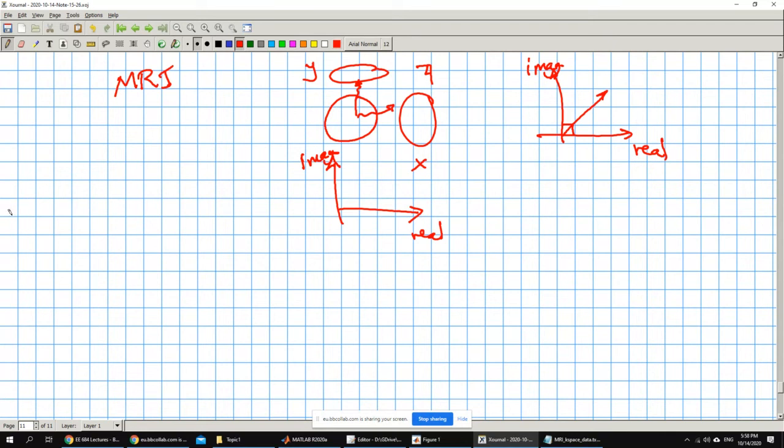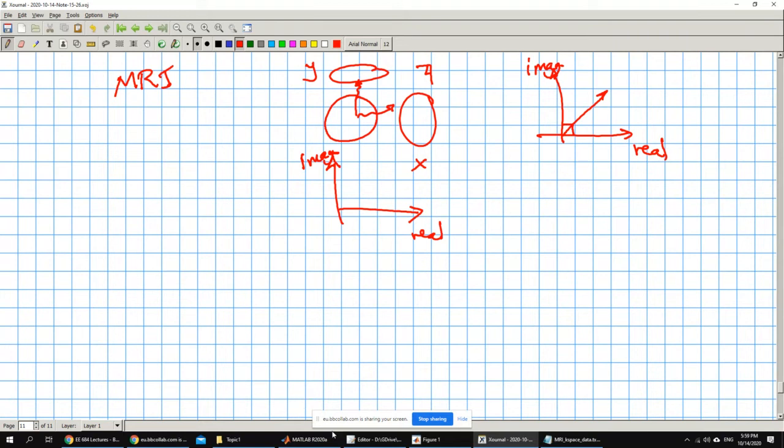Why do we say that x is the real and not y? Actually, this is a trick question. It doesn't matter, because as long as you have 90 degrees in between them, you can actually switch them.